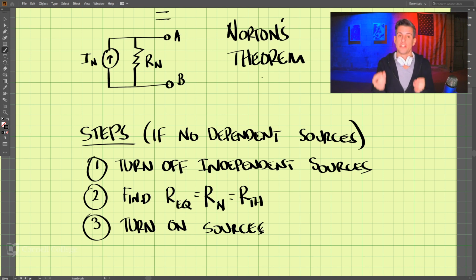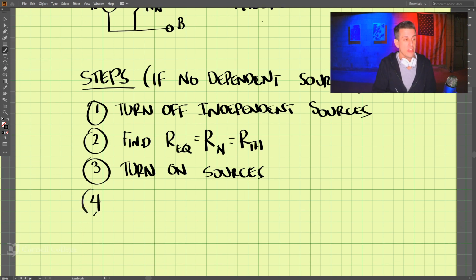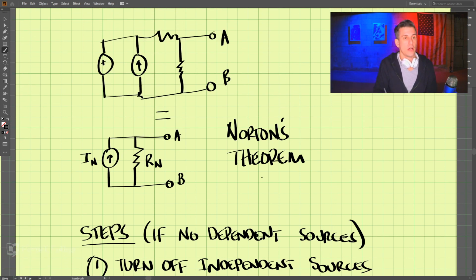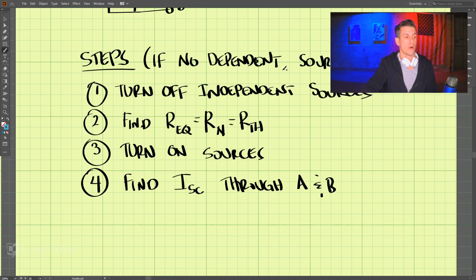Once we find the resistance, we turn all the sources on, and then we find the short circuit current through A and B. We short between A and B and try to find I short circuit, I SC, which is equal to the Norton current source.